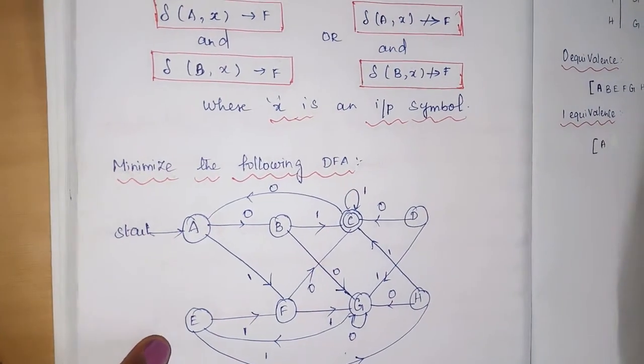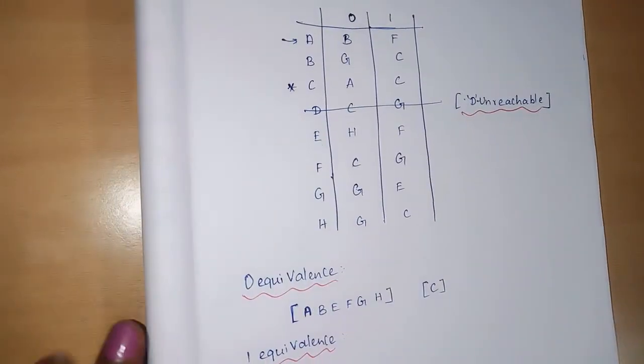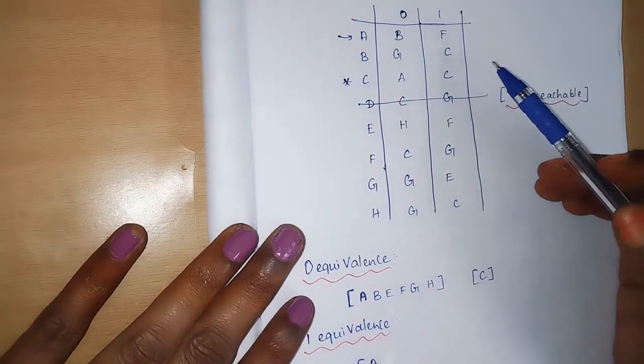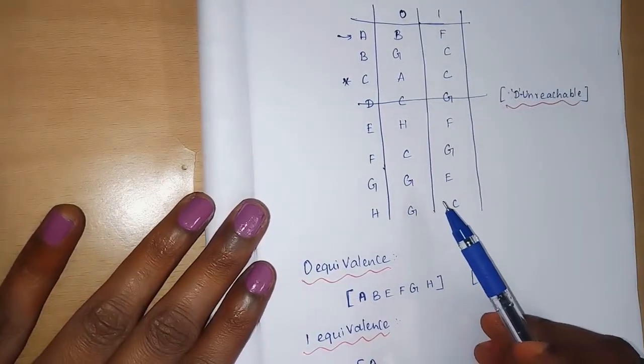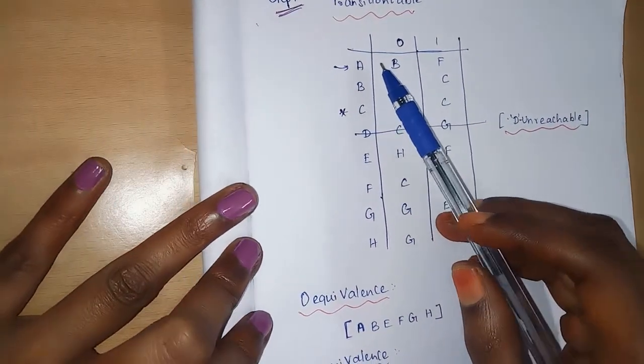For this we need to draw a transition table. After the transition table has been written, it will look like this.